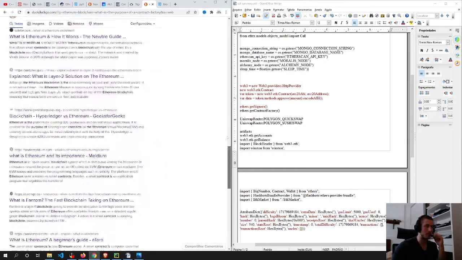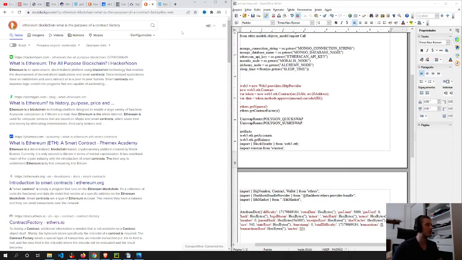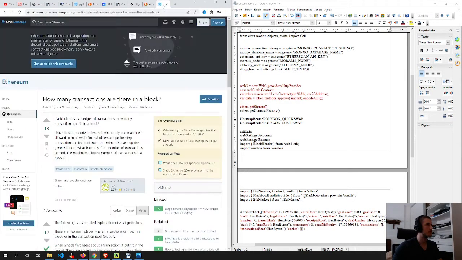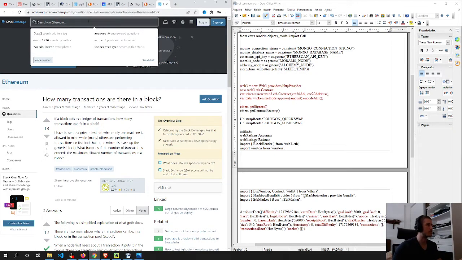I think the purpose of a contract factory is to initiate different addresses, like a wallet does, but I'm not pretty sure.